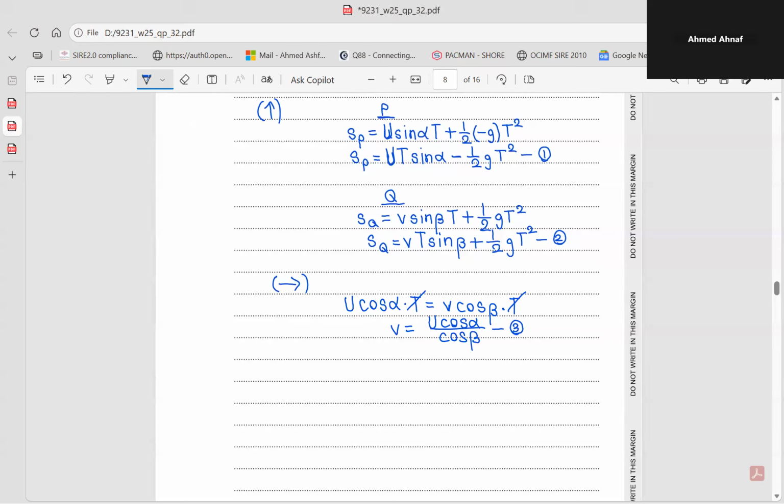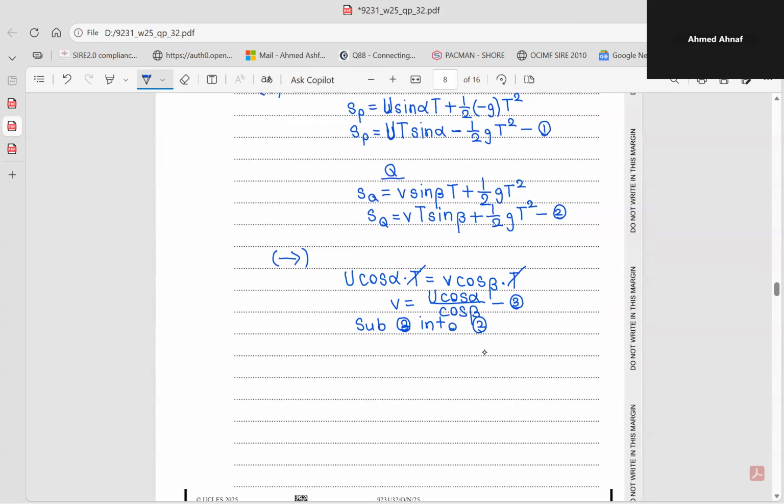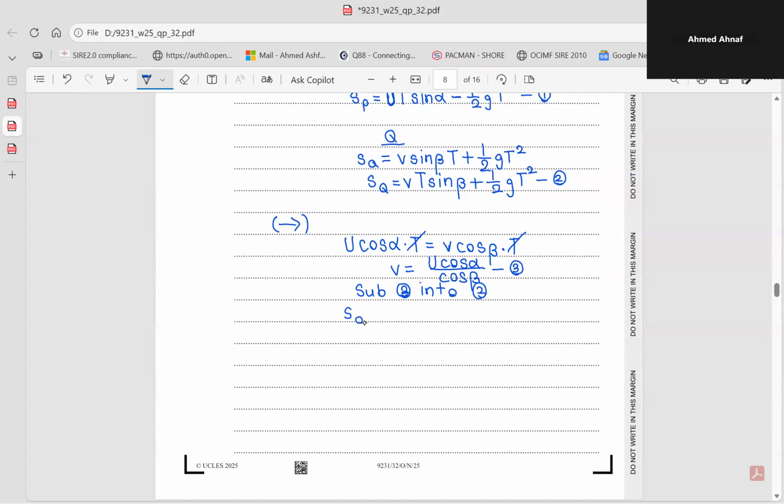Now we are going to substitute the third equation into the second equation. So therefore, SQ would be big U cosine alpha over cosine beta times sine beta times t plus half gt squared.